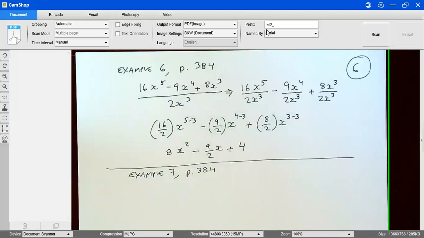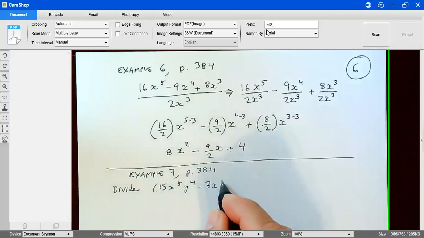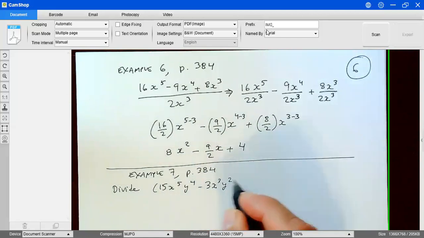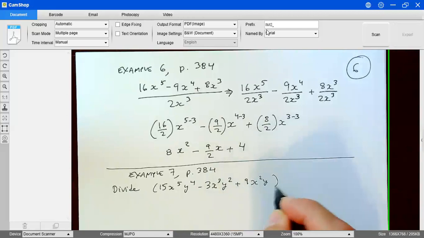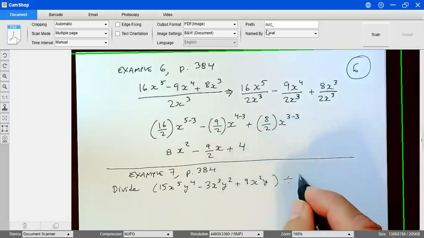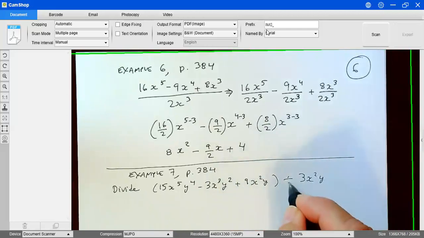Now we have to divide 15x to the 5th, y to the 4, minus 3x cubed y squared plus 9x squared y. I'm going to divide this by 3x squared y.